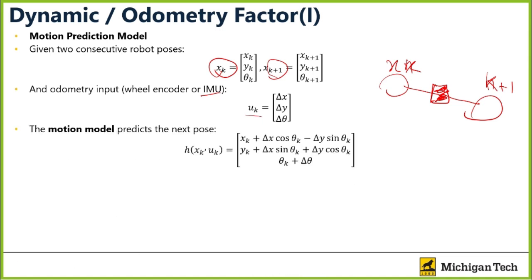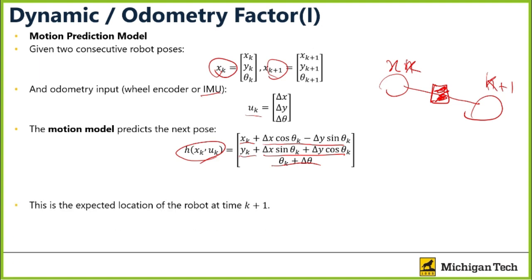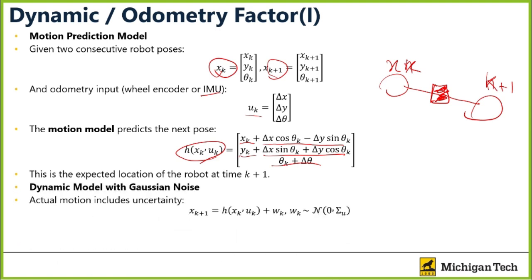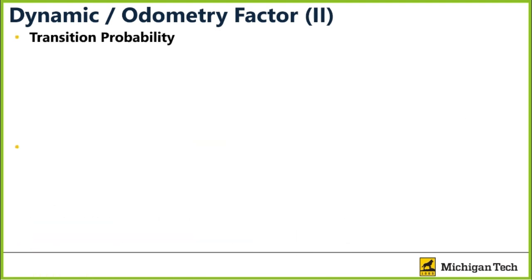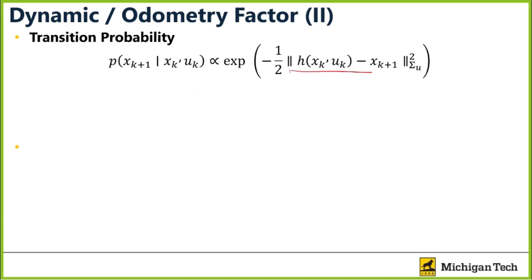So we have this delta, and there is a motion model that we can use. The motion model tells us the next state is the previous state plus this information coming from the odometry sensor. We did some rotation and added them together to find a new position. So we can find the difference. The difference is on the next page. That's a likelihood.